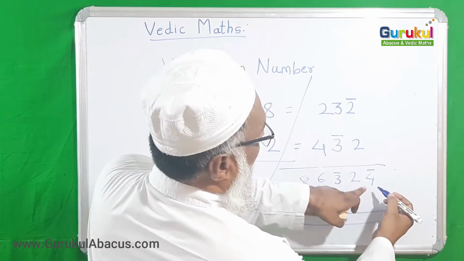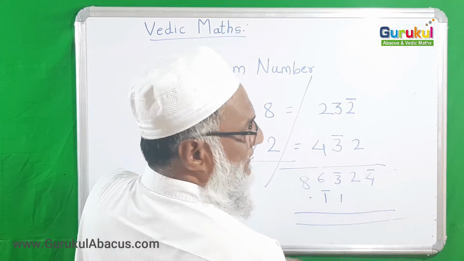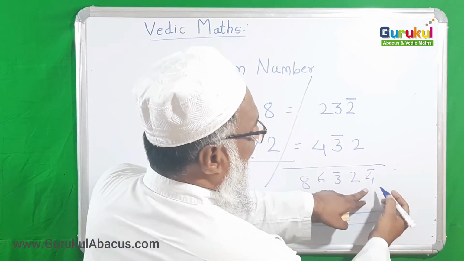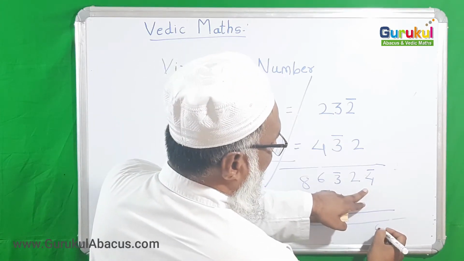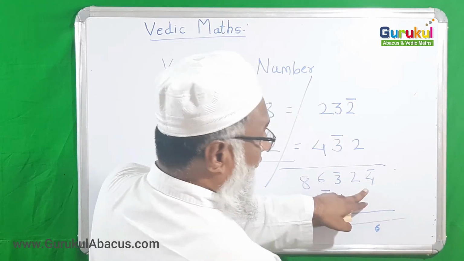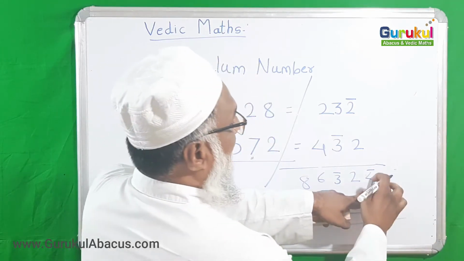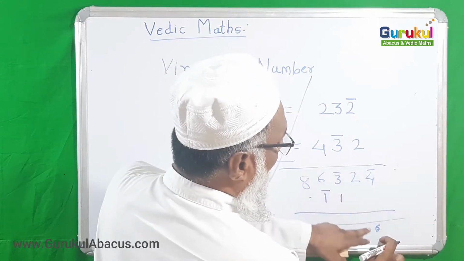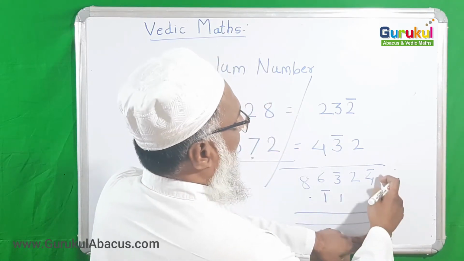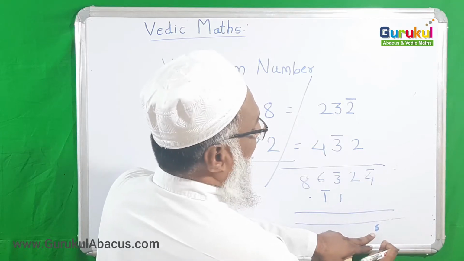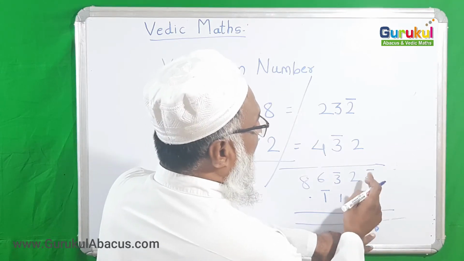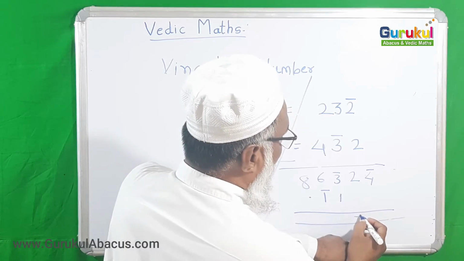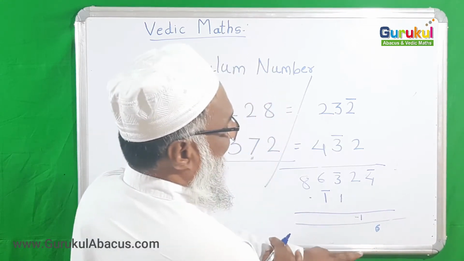Here I want to see the complements first. Complement of 4 is 6. Just I write it. Here you might have confusion. It is negative 4, then how could I still write 6? I wrote the complement of 4, 6, and then to match this negativeness I add 1 minus here.